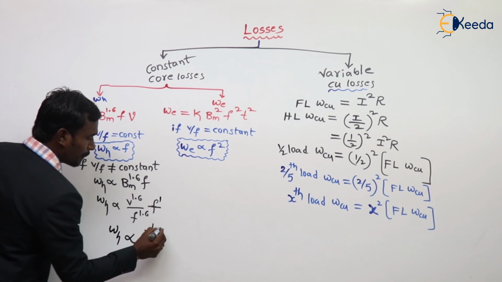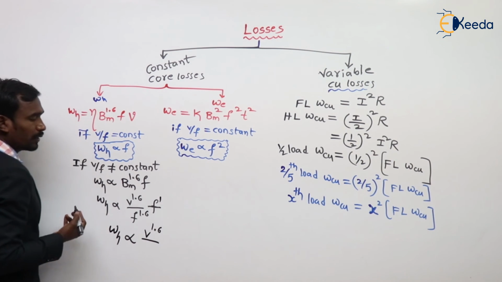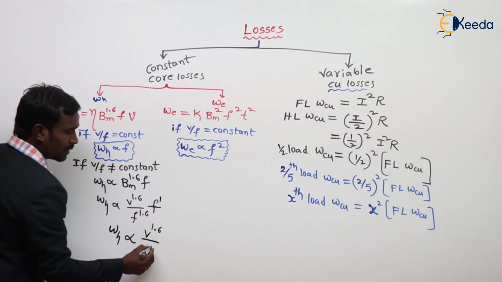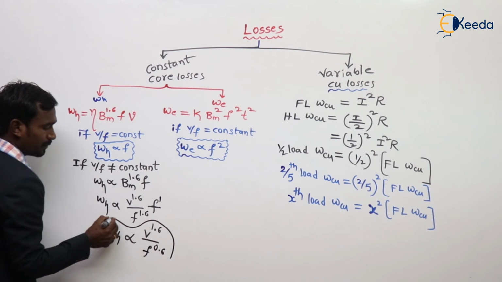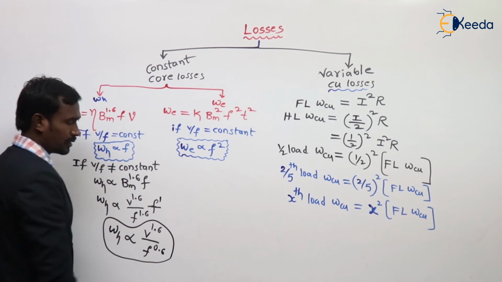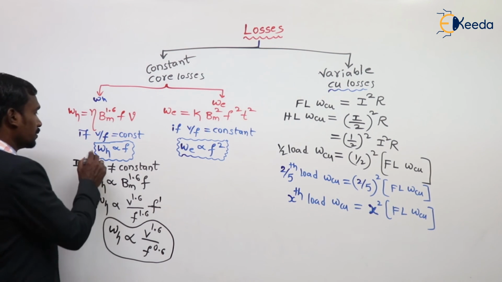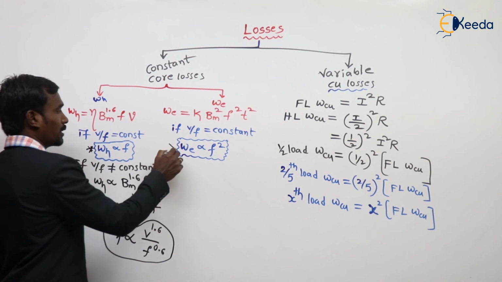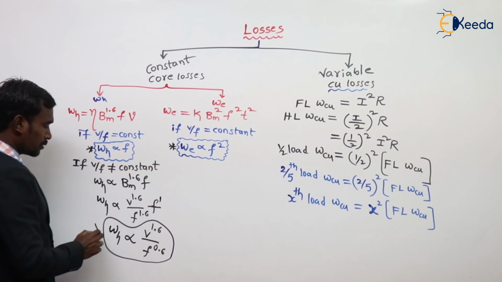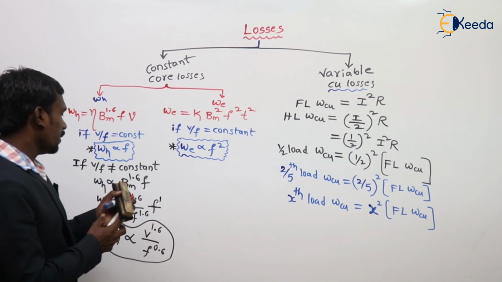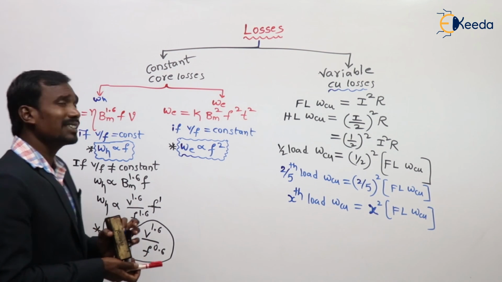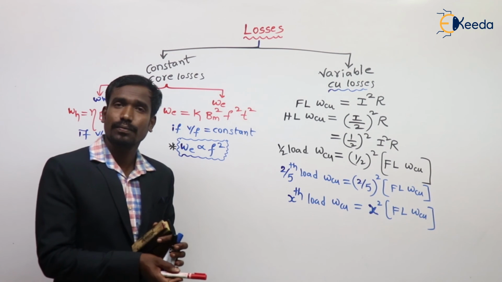Hysteresis losses are directly proportional to V power 1.6 into F power 1 minus 1.6, so F power minus 0.6. Very, very, very important. This is when the V by F ratio is not constant.